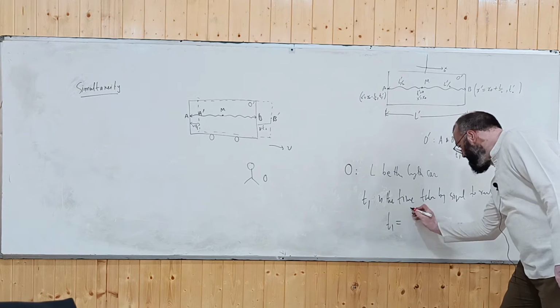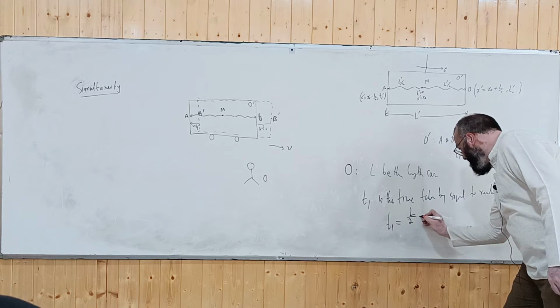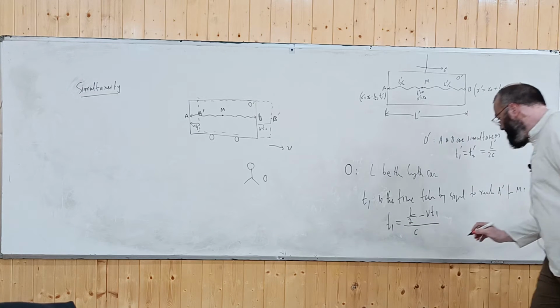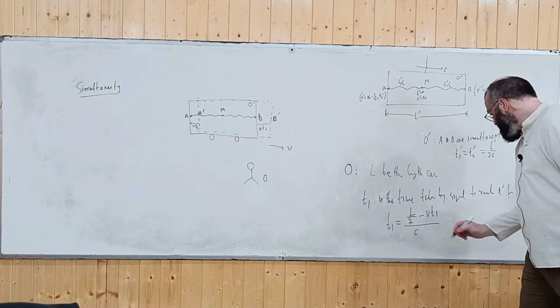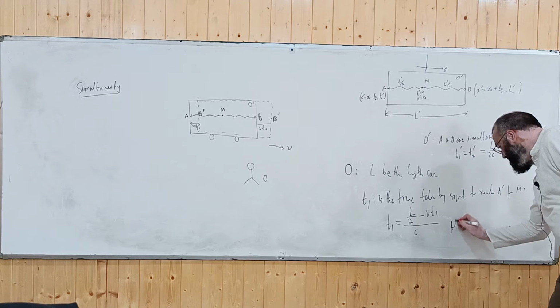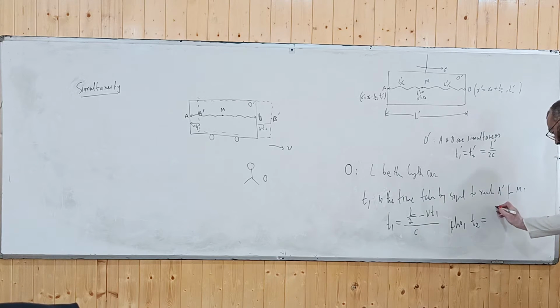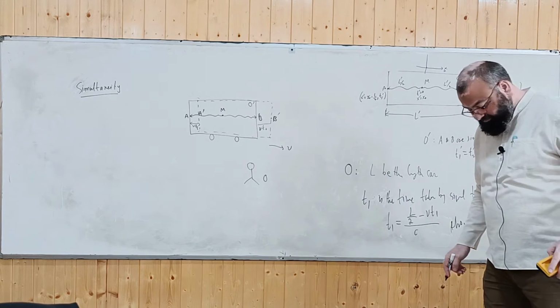It's L by 2 minus V t1, divided by C. Now also let's write T2. How much is that? L by 2 plus V t2, divided by C. Now let's solve for T1 and T2. Clear?